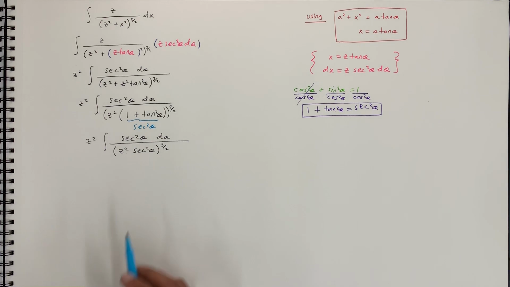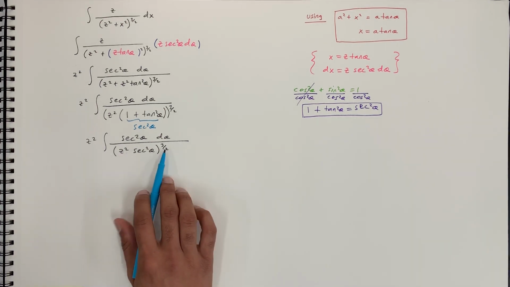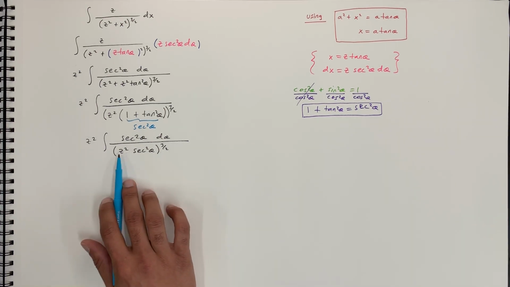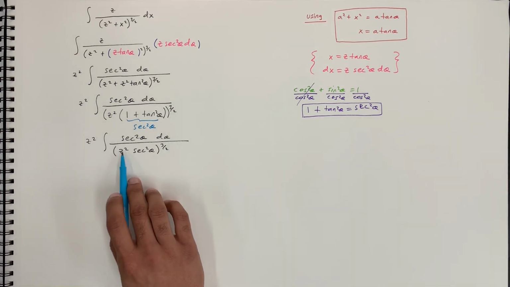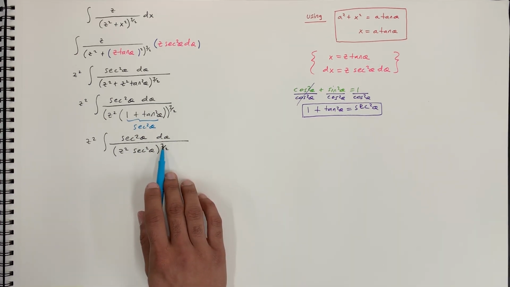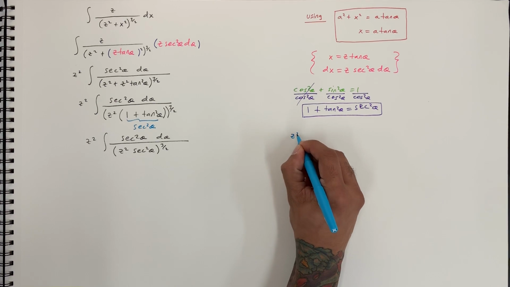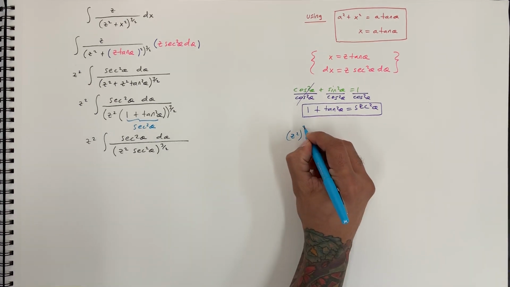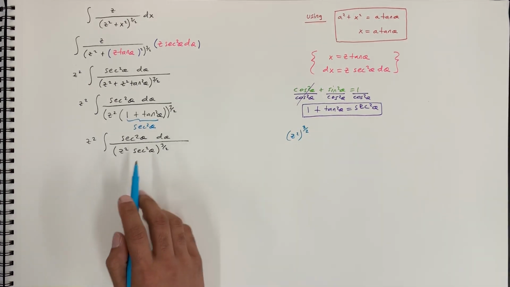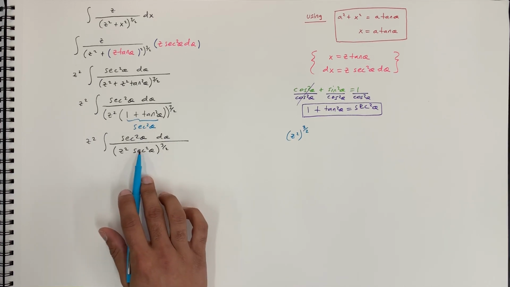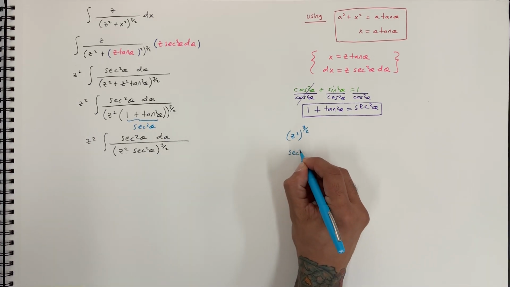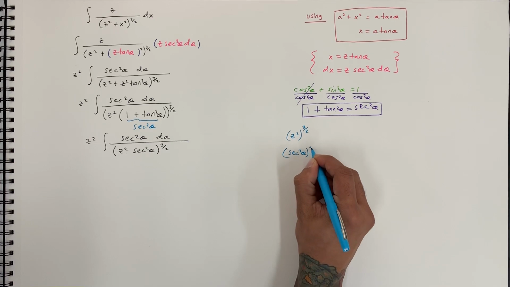Now let's deal with these two terms raised to the 3/2. I'm going to do that over here. We're going to do z squared raised to the 3/2 first, and secant squared also raised to the 3/2.